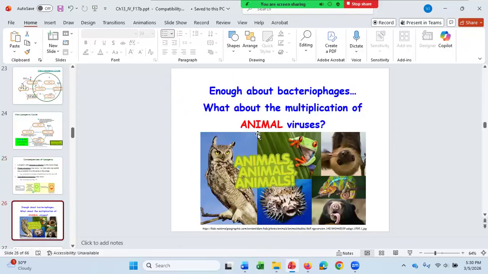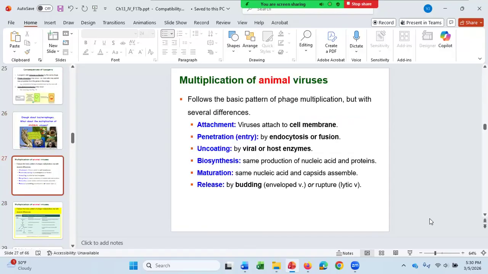All right, that's enough about bacteriophages, viruses that attack bacteria cells. Let's talk a little bit about the multiplication of animal viruses. These are viruses which can infect a human cell, meaning bacteria viruses do not infect anything but bacteria cells, and usually only just a species or a few species of bacteria.